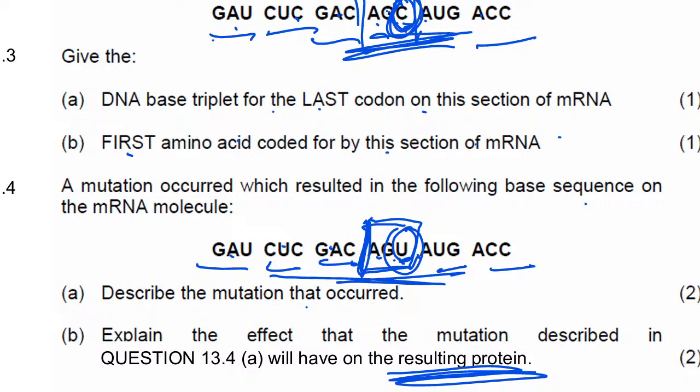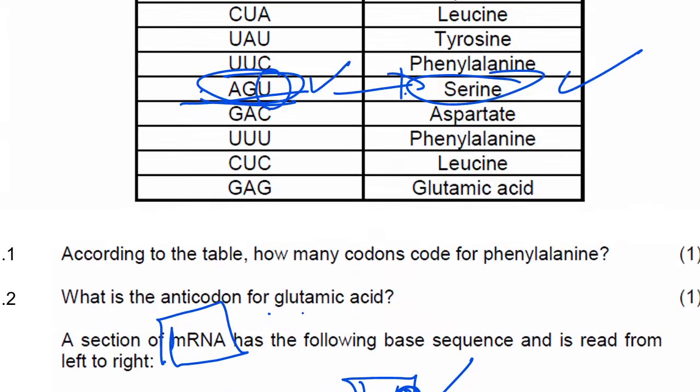You understand? So the resulting protein will not have any effect. Why? Because the two codons code for the same amino acid. Then you mention that amino acid. Which amino acid is that? That is serine.